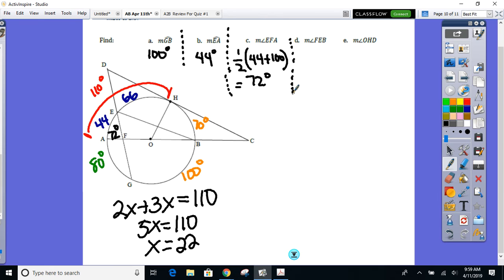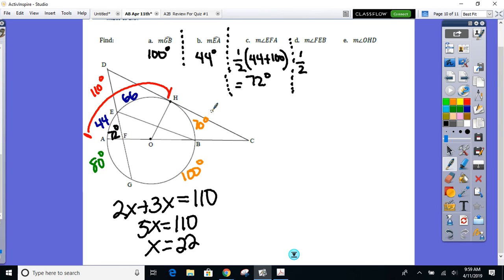FEB. Everyone see that angle? Central? Inscribed? Yeah, look at that. It's an inscribed angle because E is on the circle. So what was the rule for inscribed? 1/2 of whatever the arc is. Again, trace it with your fingers, highlighters, colored pencils. Here's angle FEB right here.